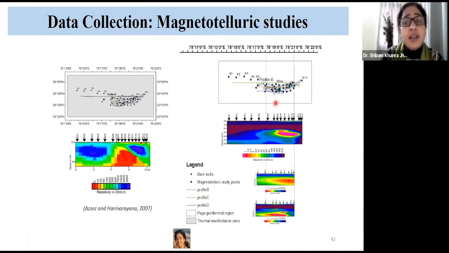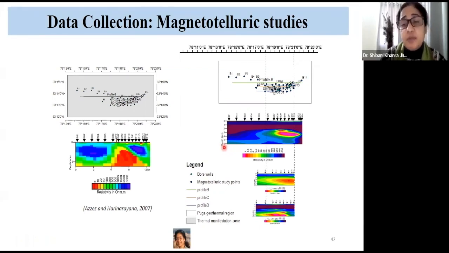So different profiling has been done, profile B, C, and D. Those are different vertical profiles, where the resistivity data was collected for a much greater depth, which was not possible from the bore well. It was done, and 6 kilometer or 10 kilometer depth has been achieved.